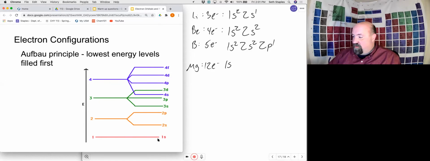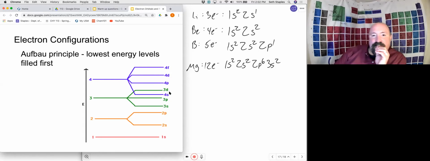S fits 2 electrons, so we get 1s2. That's full now. Now we're going to move on to 2s. S fits 2 electrons, 2s2. Then we move on to 2p. P sublevels fit 6 electrons, so 2p6. Now we've filled up everything we can in the second Bohr shell, so now we're going to move on to 3s. And we have 2 more electrons there, so we get 3s2.